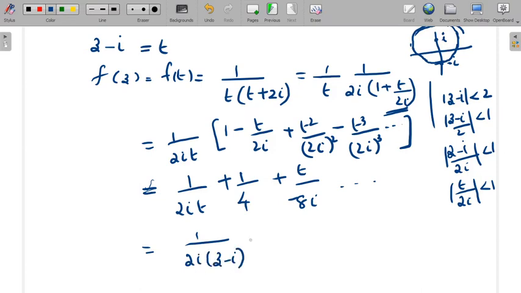So we get the Laurent series 1 by 2i, 1 by 4 plus z minus i or minus z minus i by 8i, etc.